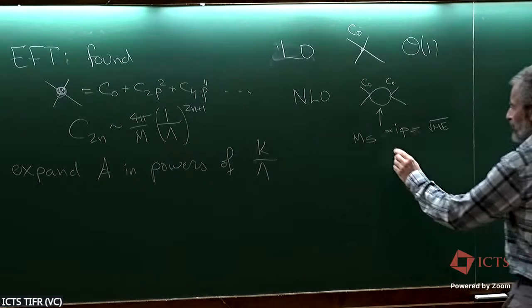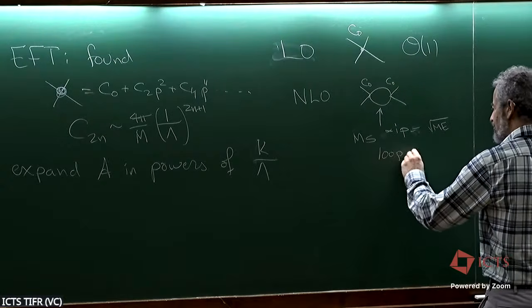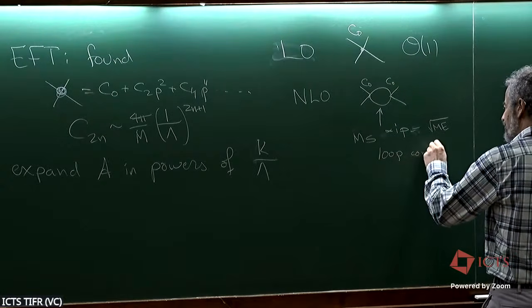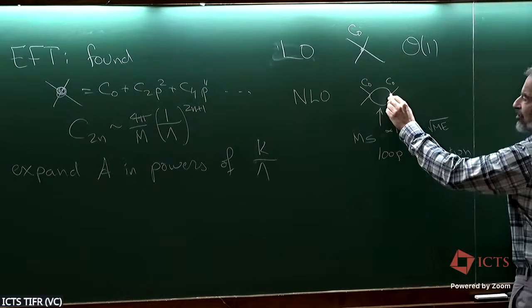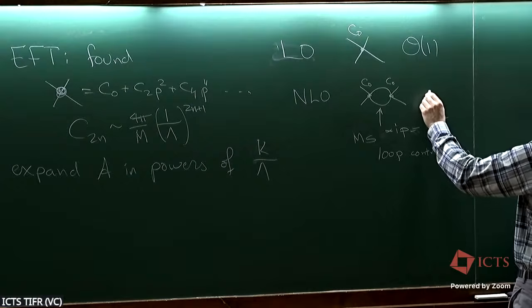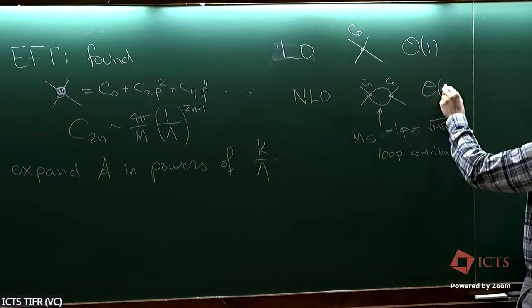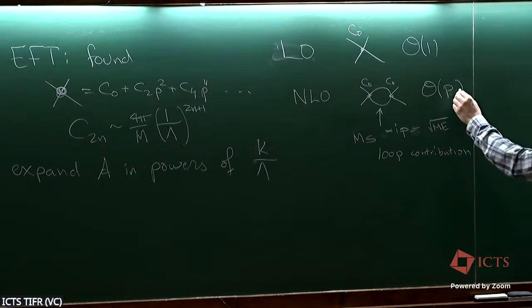So that's the loop contribution. And the vertices don't contribute anything. And so this is order P, which will be P over lambda, relative to the first one.